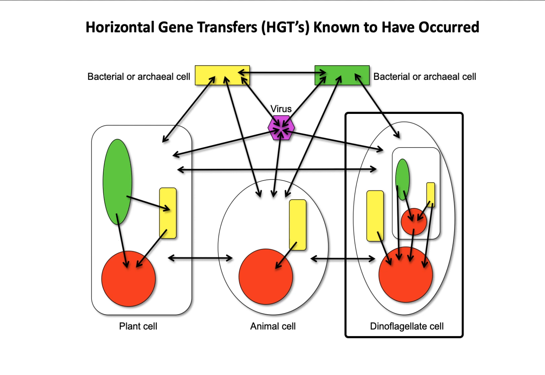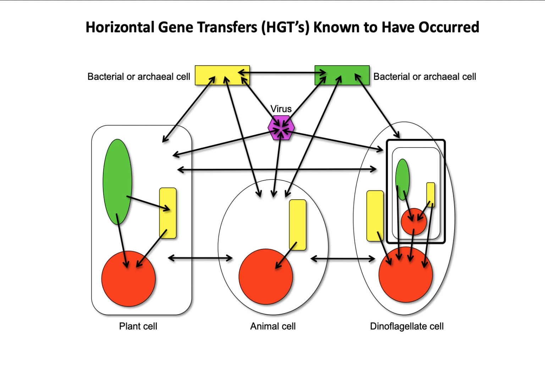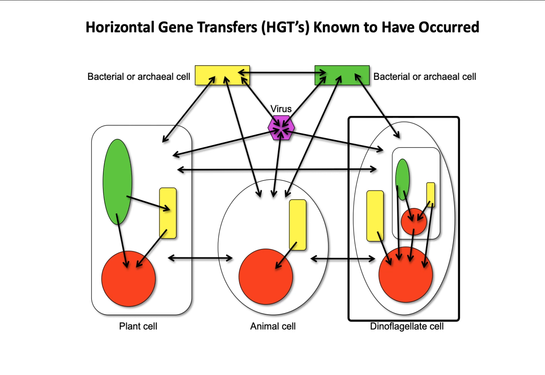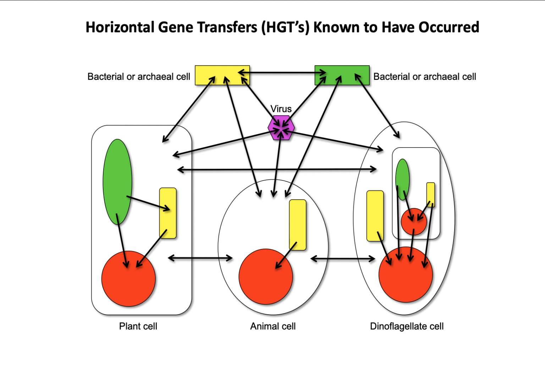And then over in the stramenopiles, alveolates, etc., you have a eukaryotic cell that contains a nucleus, mitochondrion, and chloroplast, moving into a protist cell to become a member of those, including dinoflagellates, but not limited to dinoflagellates. And then sometimes you have that cell taking up either another eukaryotic cell or itself becoming engulfed by another eukaryotic cell.